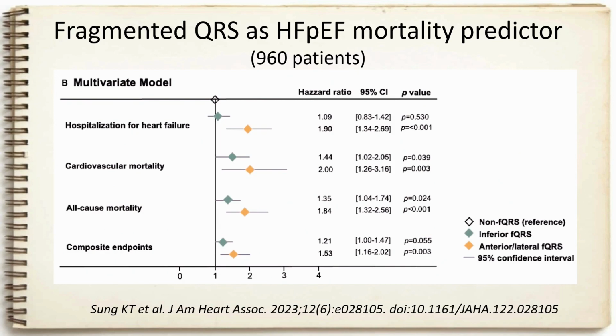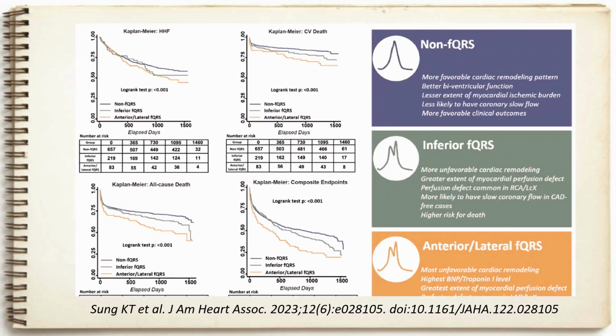Recently, fragmented QRS was used as a predictor for mortality for heart failure with preserved ejection fraction. And you can see that patients with such QRS complexes have an increase roughly between 50% and twice as high hazard ratio for cardiovascular mortality.